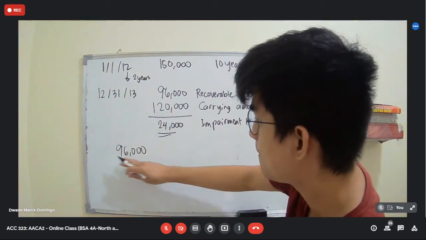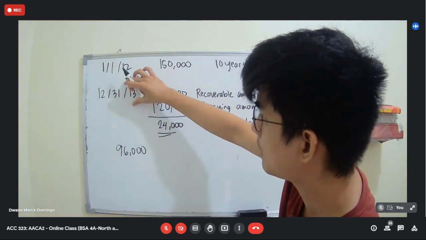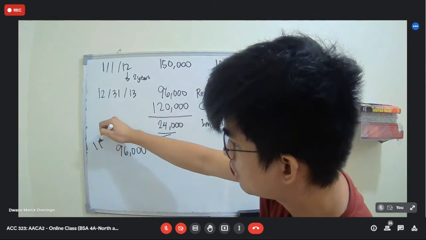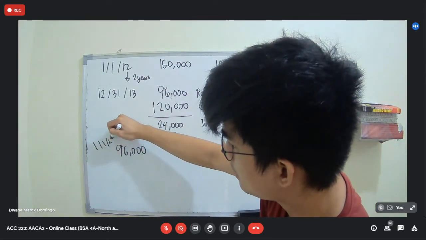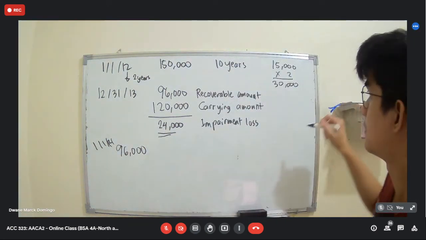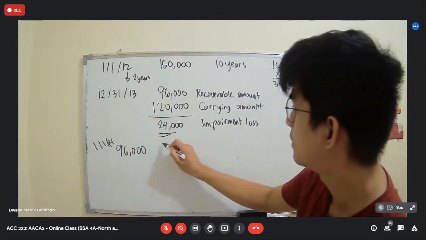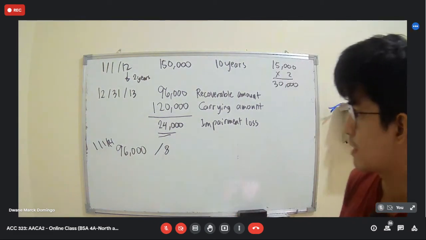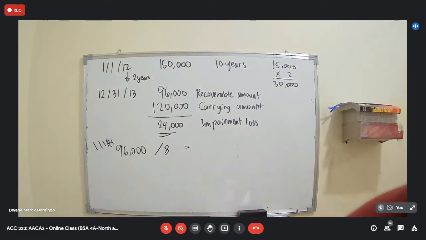Ibig sabihin, from December 31, 2013 or January 1, 2014, i-depreciate natin to using the remaining life. So, remaining life, so 8 years. 96 divided by 8.